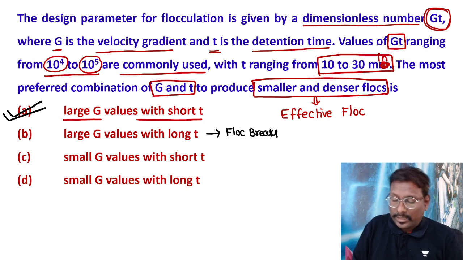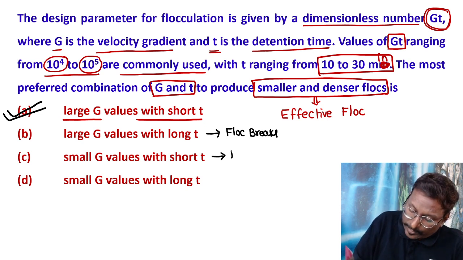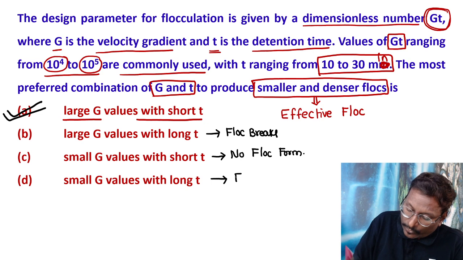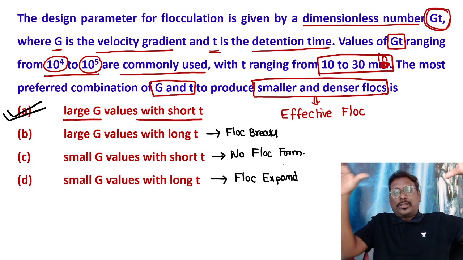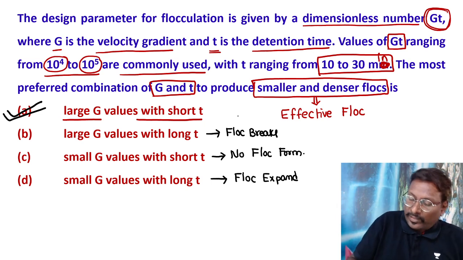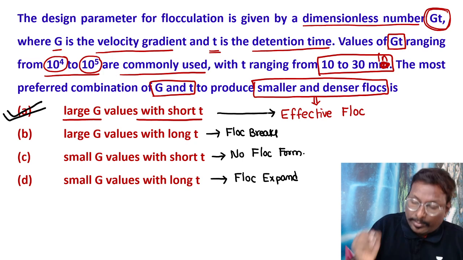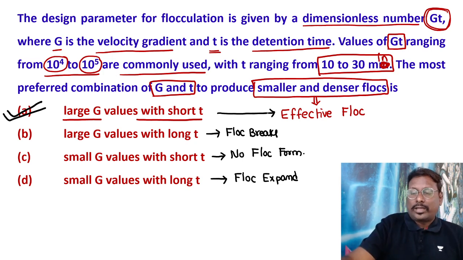Small G and short T: no flock formation. Small G and long T: flock expands, dissolution of flock, so impurities will spread throughout the media. But effective flock is formed only by large G with short T.